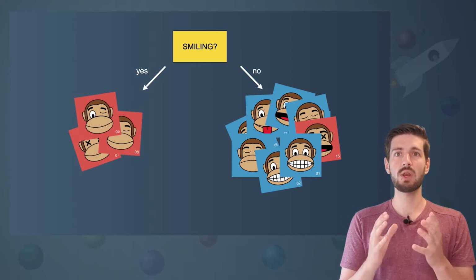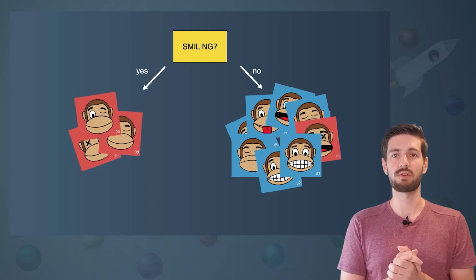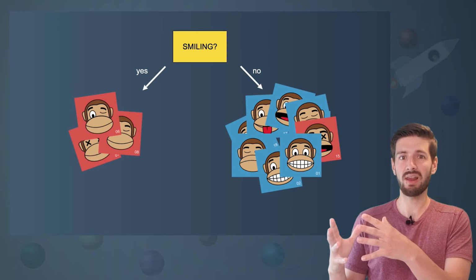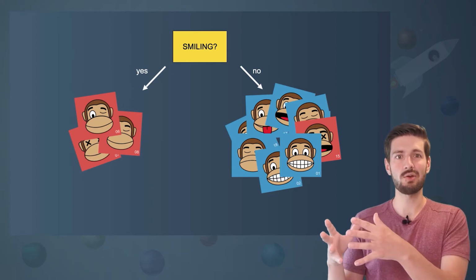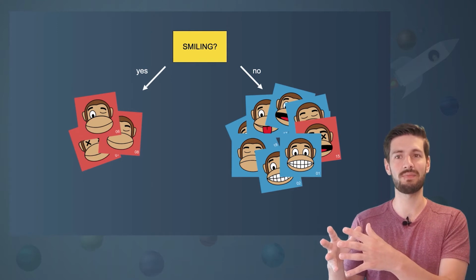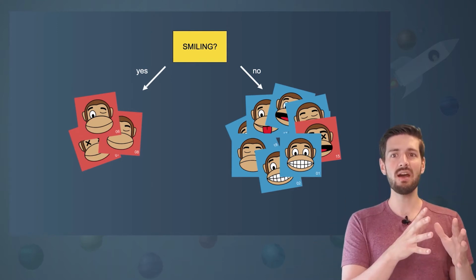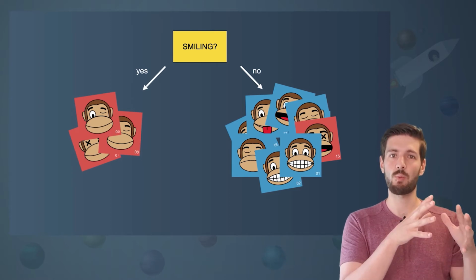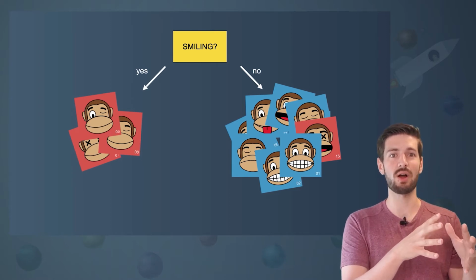So the computer would split the data into monkeys which are smiling and those which are not. Now it would analyze those 2 subsets. First of all, monkeys which are smiling. All monkeys which are smiling are actually biting. So the computer can stop here and end this particular branch of the tree. Then it has to look at the other remaining subset of monkeys and check whether it is done for this branch as well.